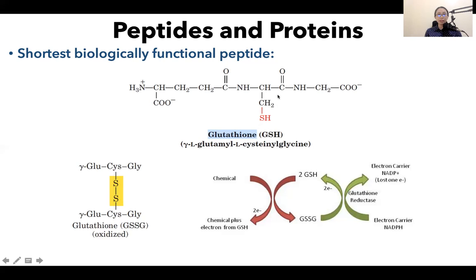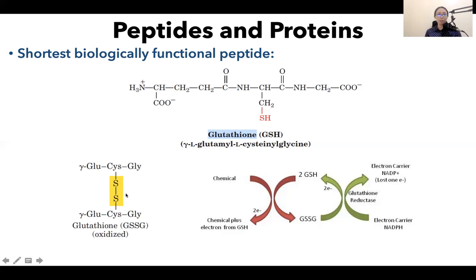This cysteine side chain has a sulfhydryl group, right? The SH. If you have two glutathione molecules, the sulfur here can undergo oxidation, and what you will get is an oxidized glutathione, which is shortened into GSSG. So the sulfur from each of the cysteine residues are bonded to each other.